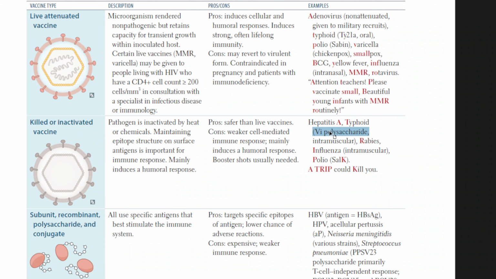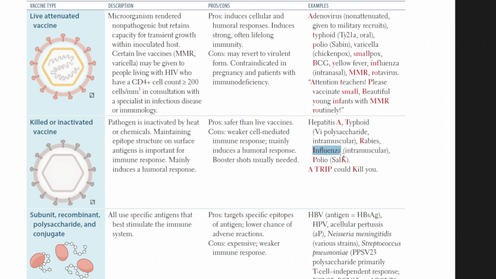So this is the different one. We also have the rabies vaccine. So in this group: hepatitis A, typhoid, rabies, and influenza.